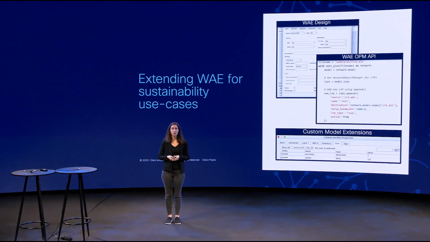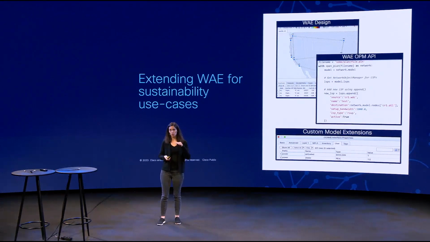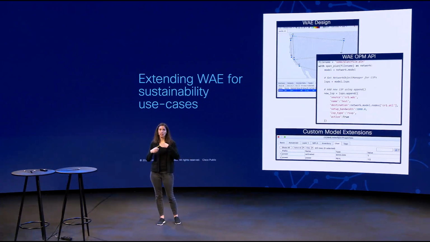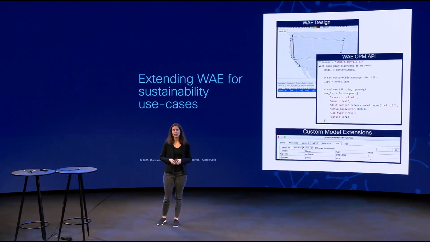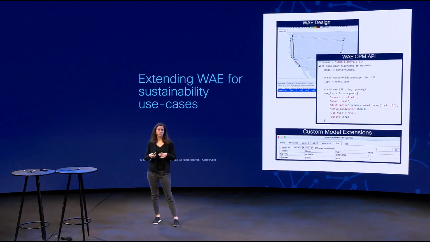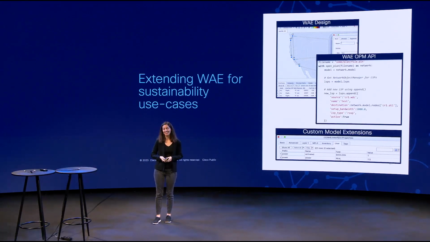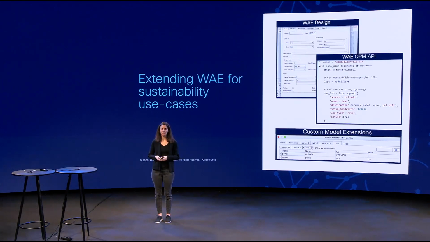So we do have a very rich set of APIs. The lower level is what is the RPC API, and then we have a higher level API, what we call the OPM API, which is more Pythonic. And then it allows you to write your own scripts and do whatever you want. And this is something that we've done in this POC, and Julia will talk about that a bit more.